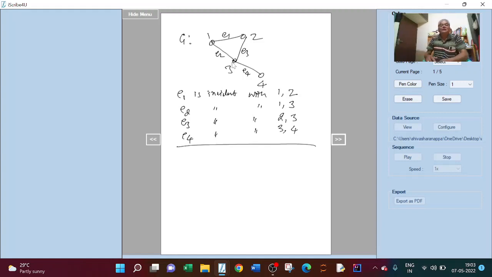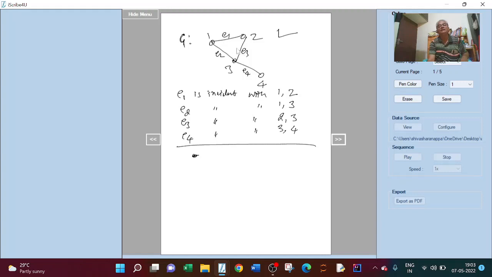Now, as we have defined the adjacency of the vertices, similarly we can define the adjacency of the edges. How do we define it? Suppose we consider this same graph. See here, E1 and E2 have a common vertex. So E1 and E2 are incident with a common vertex, then we say that E1 and E2 are adjacent to each other.